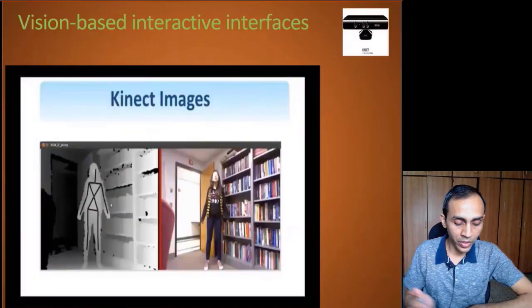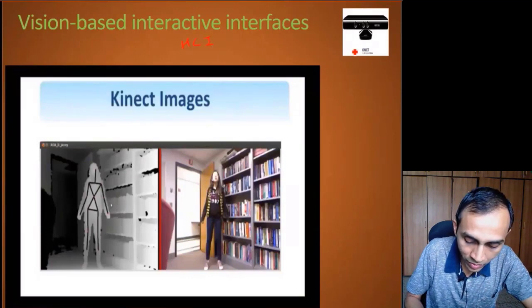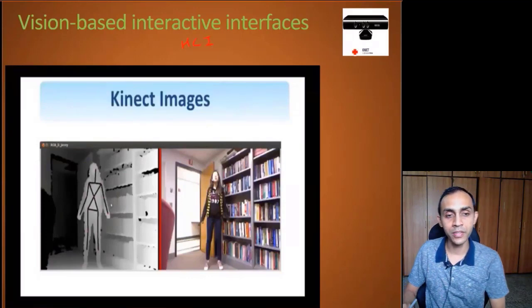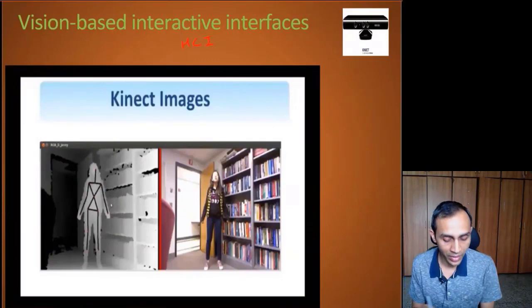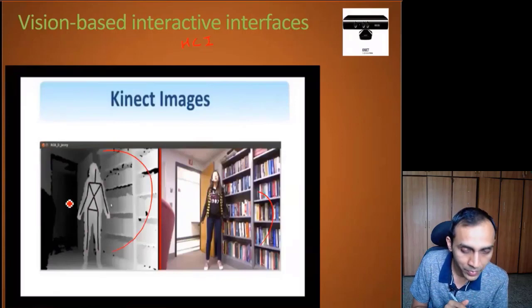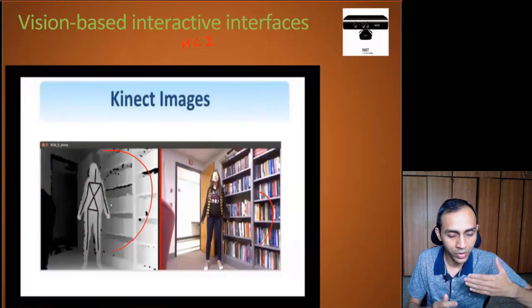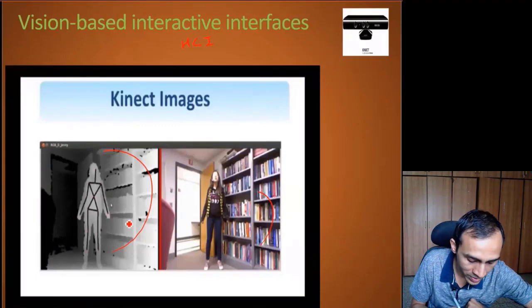Human-computer interaction interfaces became very popular with the Kinect device. Microsoft released a depth sensor, which was called the Kinect sensor. It not only had an RGB video, but it also captured depth video, where the image looks like this. Depending on how far the object is from the camera, the intensity of the pixels varies.